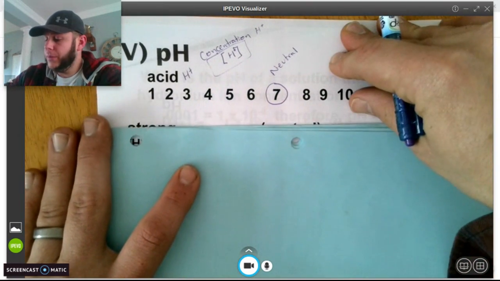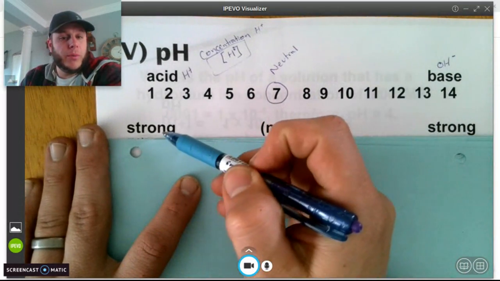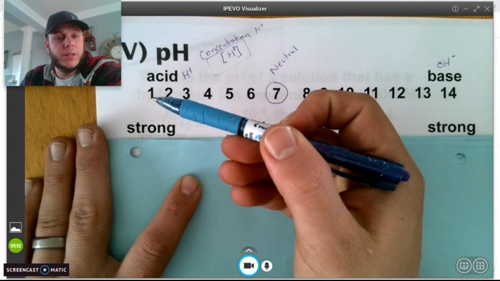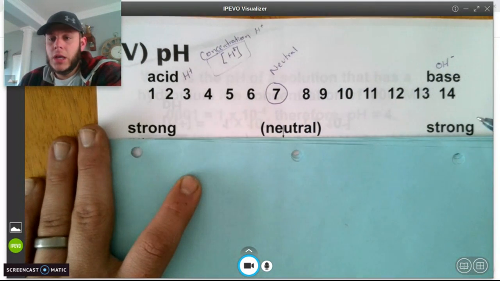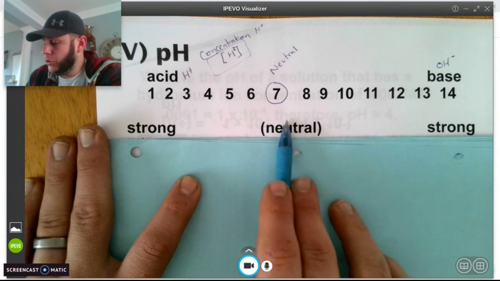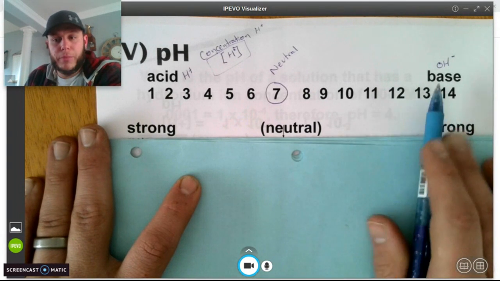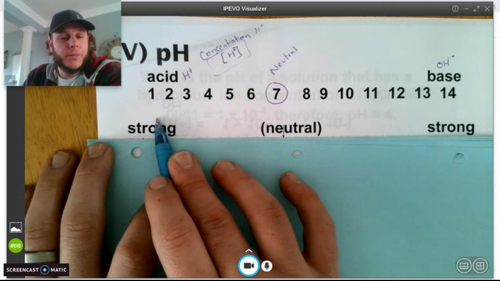So what do I mean? Hopefully you're getting me so far. Strong acids are represented at the very low end of the numerical curve, and strong bases are represented at the top end. So the closer we get to this side, the more base we are. The further we get down this way, the more acid we are.